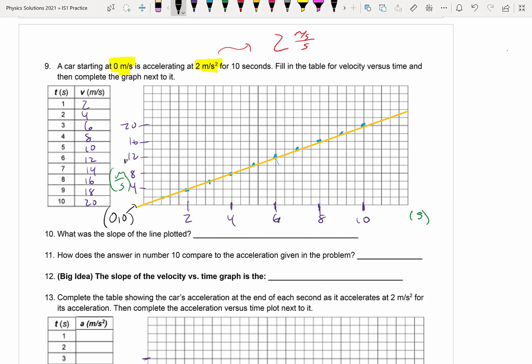And what the heck? 1, 2, 3, 4, 5. So I'll say this is 12 seconds. And I'll say it hits here at 12, comma, what would this be? This would be at 4 seconds up, so 24. So 12, 24. So now I will use those points. I'm also using 0, 0.